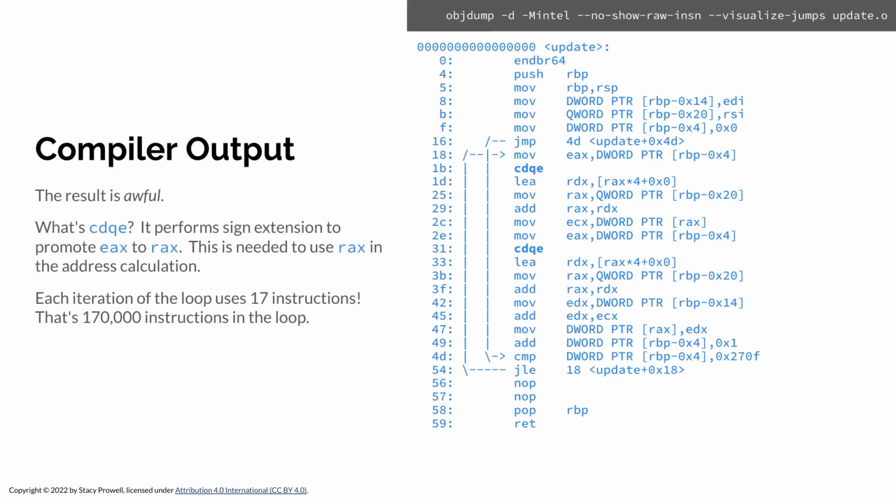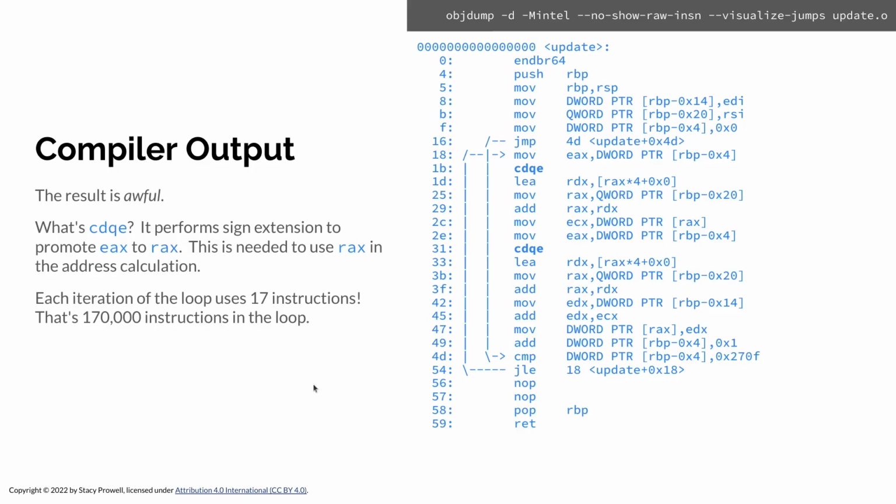Why do that? Since it's EAX, we can use RAX in address calculations. Remember, we have to use 64-bit things in addresses, and this promotes EAX to a full 64-bit value so we can use it. And then we do it again down here.